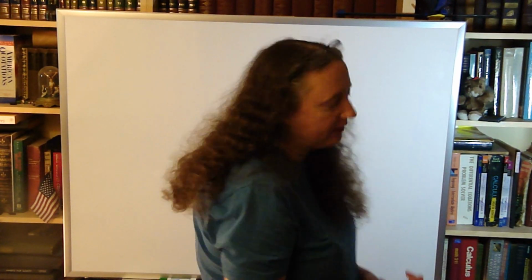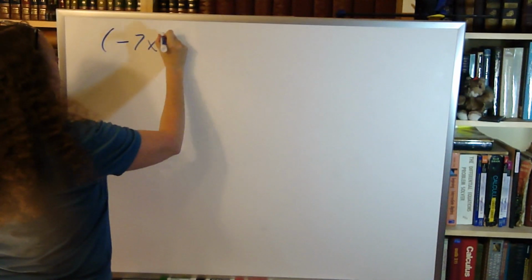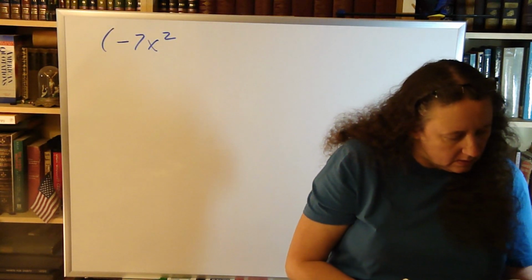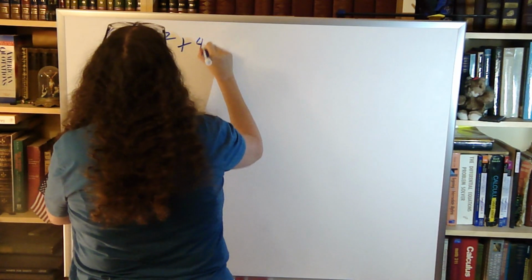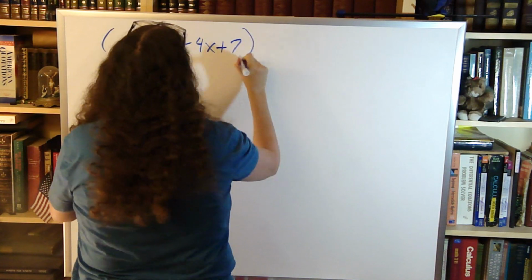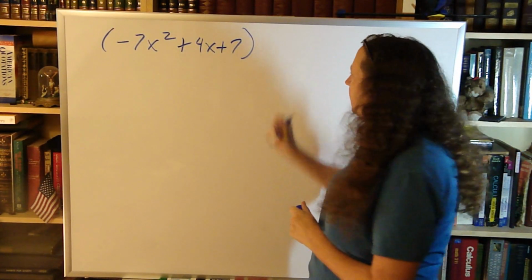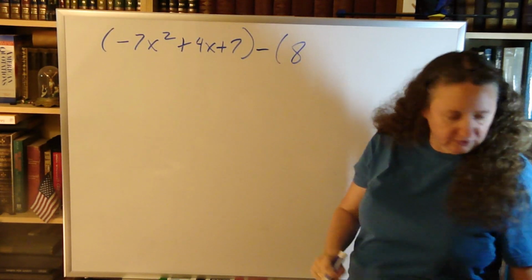We have, open parentheses, negative 7x squared plus 4x plus 7, close parentheses. Minus, open parentheses, 8x plus 2.